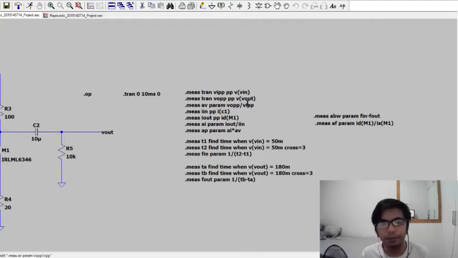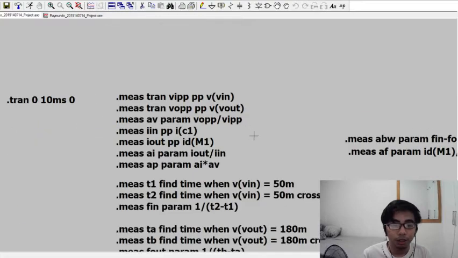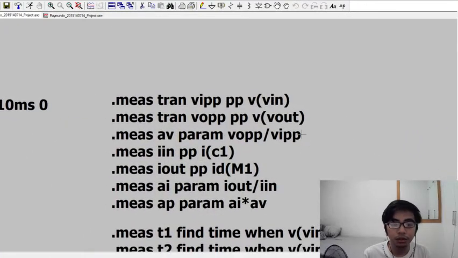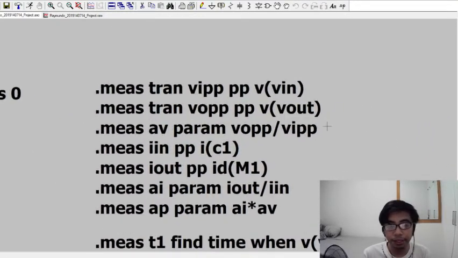For the first part, we are to solve the peak to peak of the V in and the V out. I'm going to explain it.